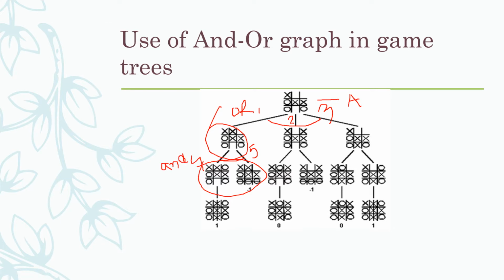So in this way one can represent a deterministic approach for game trees using an AND OR graph, and one can think in this way and make the moves.